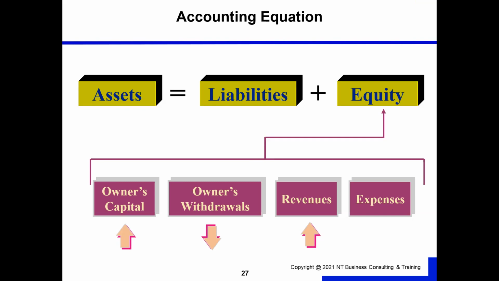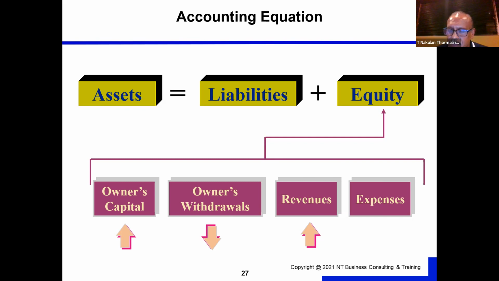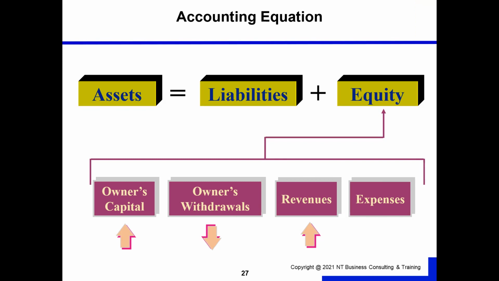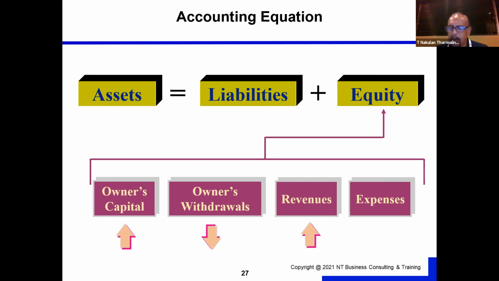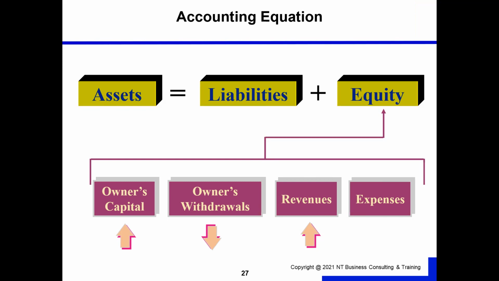Okay, so can we put it in slightly more concrete terms? I put 100,000 into my business. Correct. That's going into equity. I have bought a bunch of furniture which I need to pay for, say 50,000.